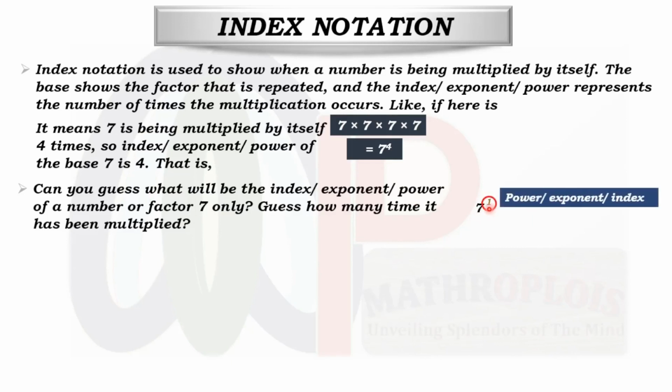It means it is once only, and not multiplied repeatedly. So the base 7 has power 1. Therefore, 7 to the power 1 is the same as 7.